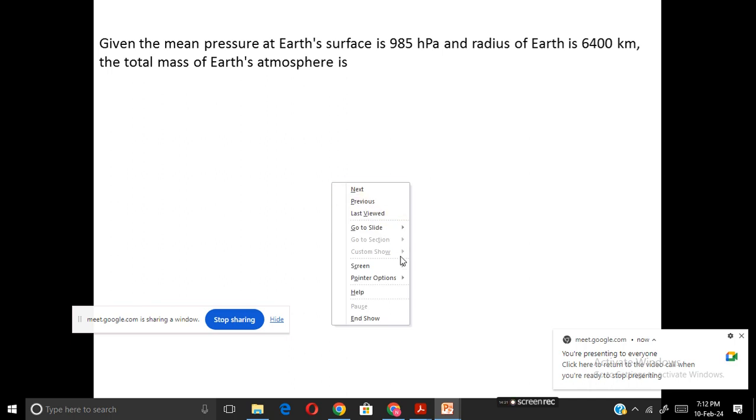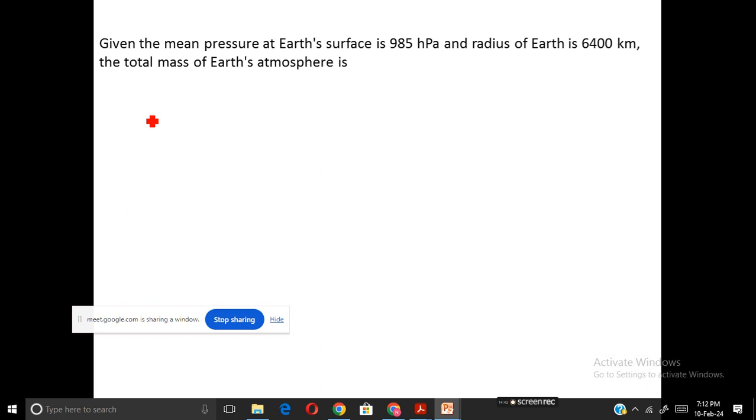So the question is: given the mean pressure at Earth's surface as 985 hectopascal and radius of the Earth is 6,400 kilometer, the total mass of Earth's atmosphere is. So we have to calculate the total mass of Earth's atmosphere.